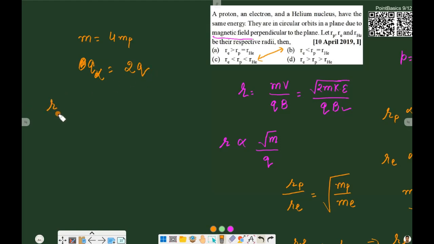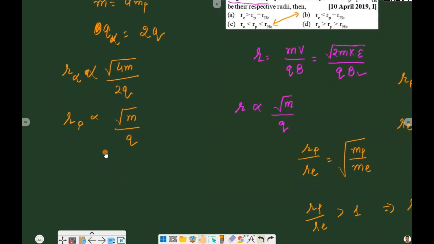So for the alpha particle, radius will be proportional to root of 4m divided by 2q, assuming the mass of proton is m, and for proton it is proportional to root of m by q.